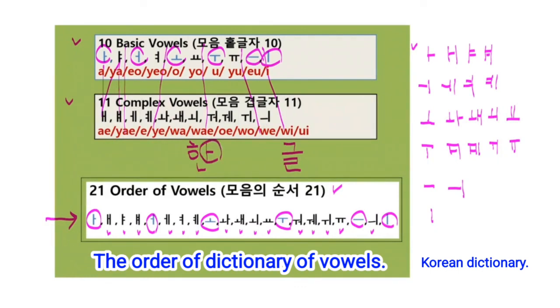A, U. A, U. Okay? Good. Read while focusing on the vowels, especially focus on the shape of your mouth. Hangeul. Okay? Good.